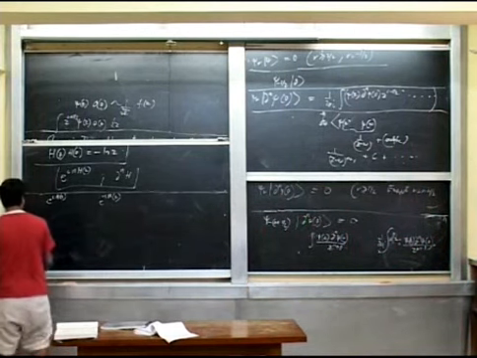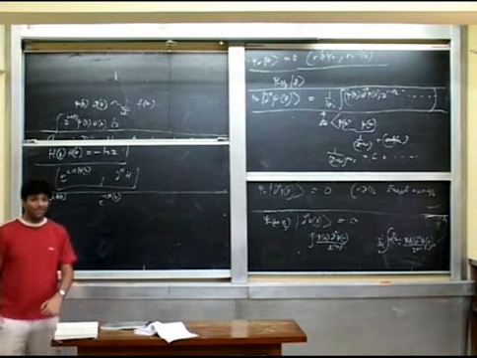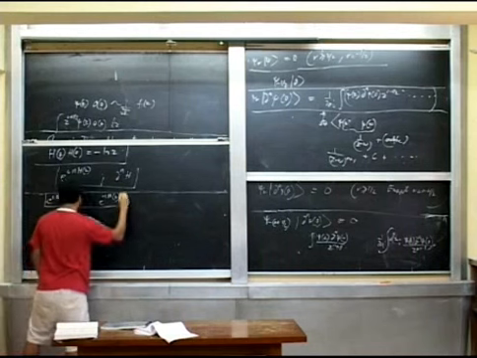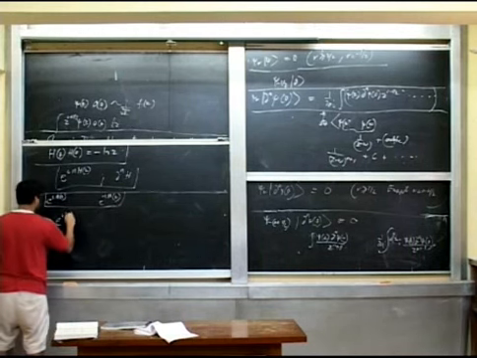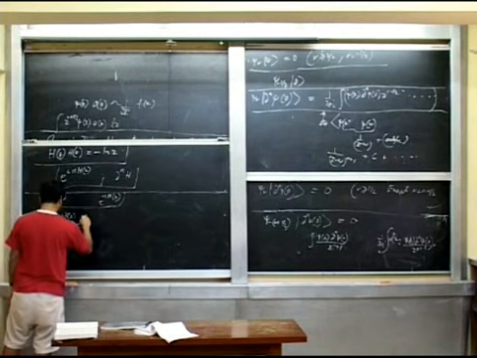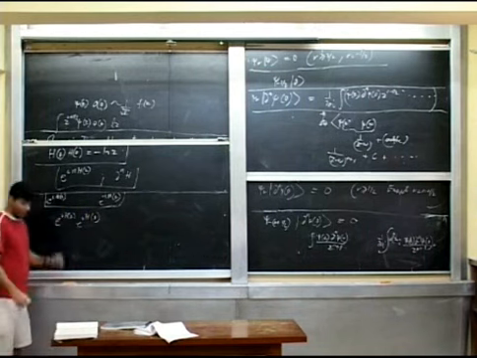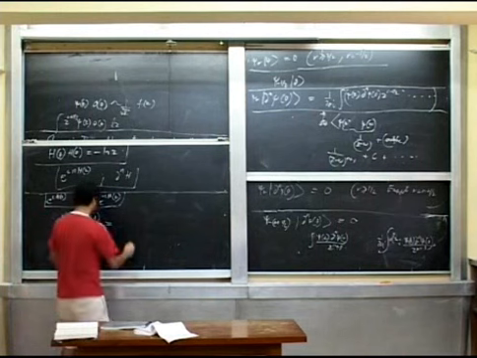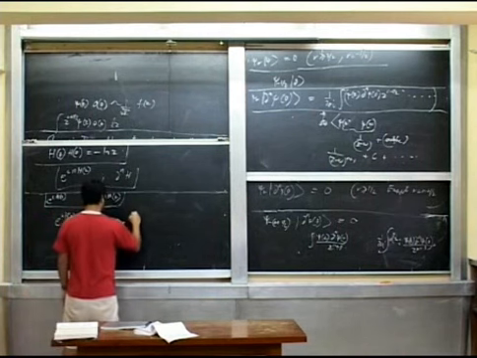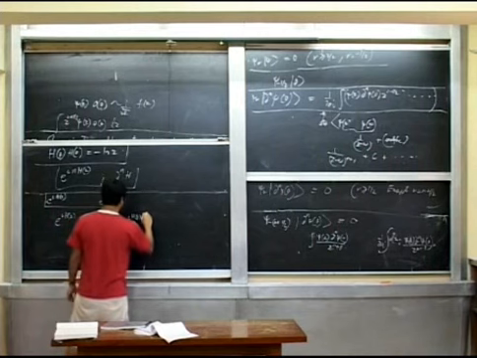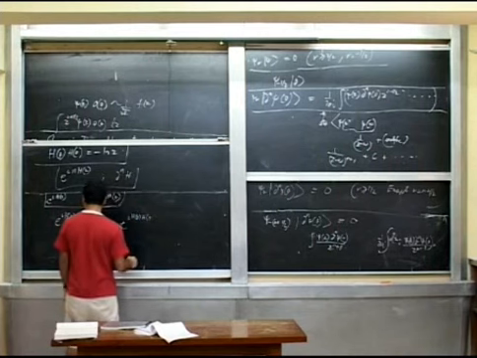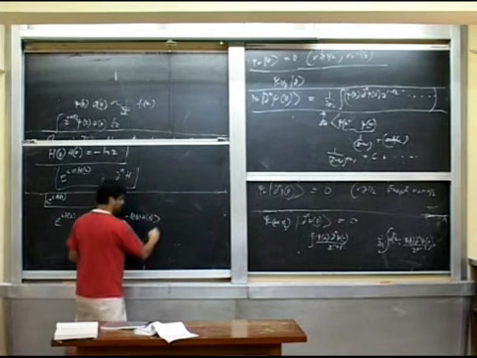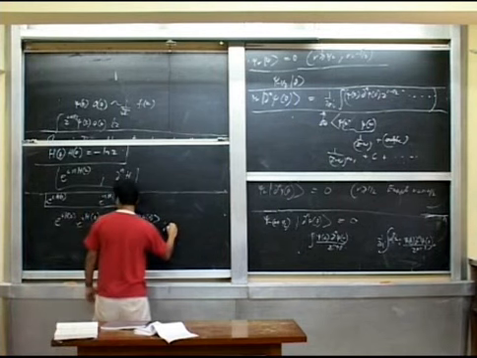Let us remember what the OPE of two such operators is. At first we're studying e to the power i h of z with e to the power i h of 0, both with plus sign. This, if you remember, is equal to e to the power minus i squared times the h of z h of 0 contraction, times the normal ordered e to the power i h of z.